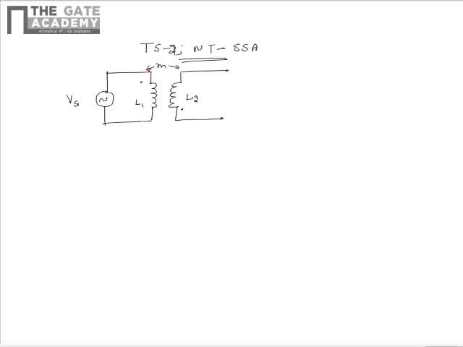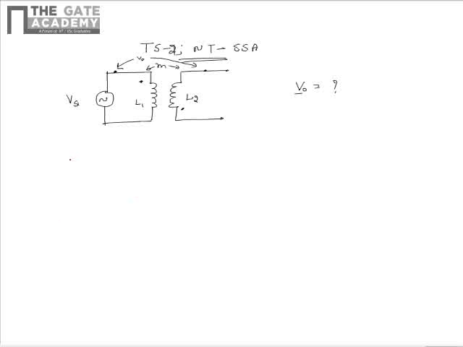These two coils have a mutual inductance of M. So in this circuit, we need to find the VO measured between the two terminals marked. The dot conventions are as shown. We need to find VO in terms of Vs.